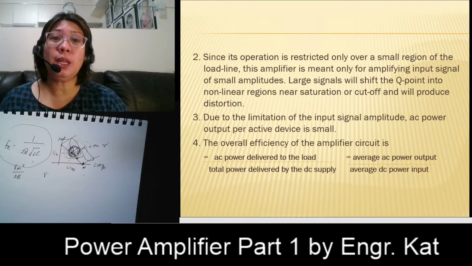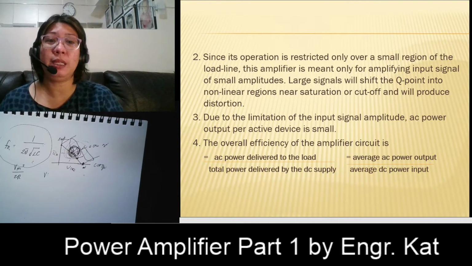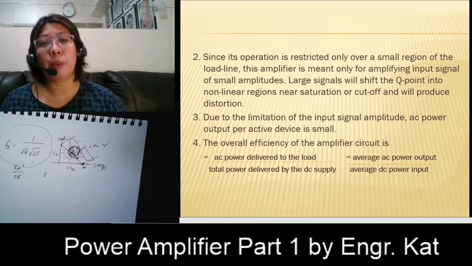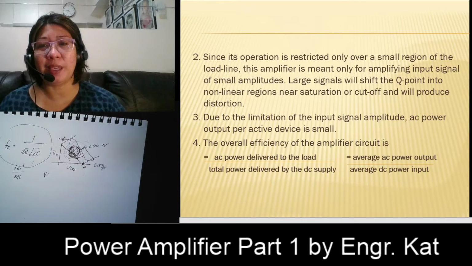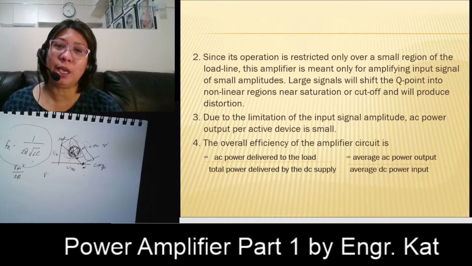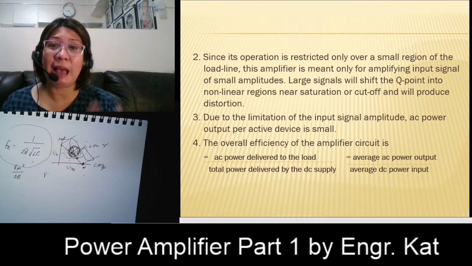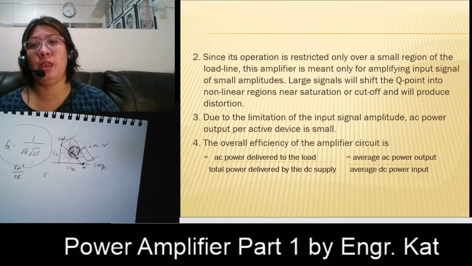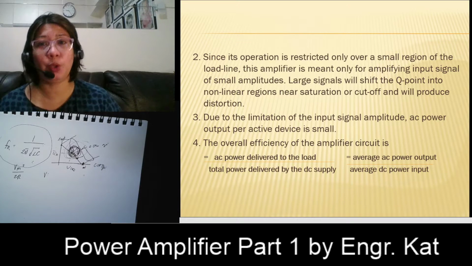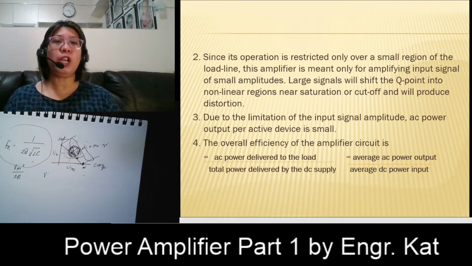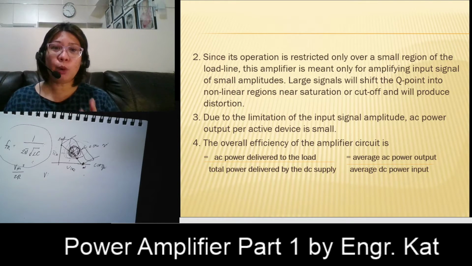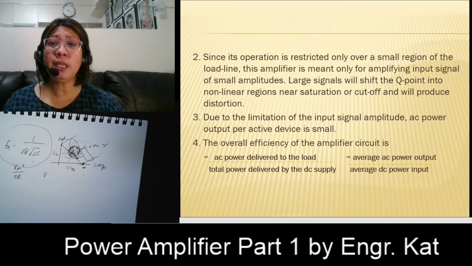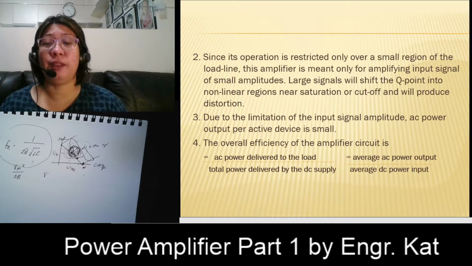Therefore, due to the limitation of the input signal amplitude, your AC power output per active device is very, very small. We do not expect a high output when our input is small. So we are limited to smaller AC output per active device.